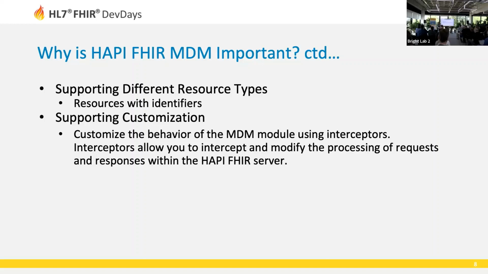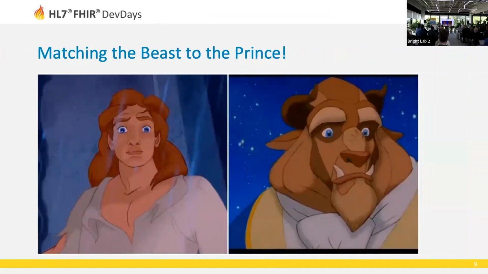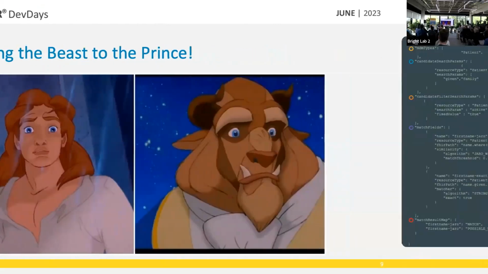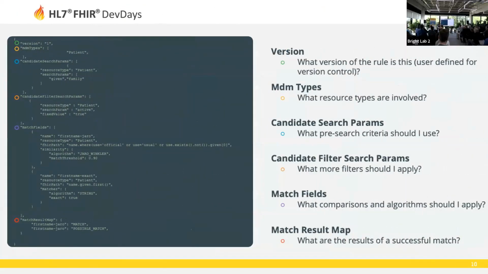So now, how do we improve our MDM rule so it can really identify the duplicates, so we can match the babies to the parents? To give you an overview, when MDM gets triggered, the MDM rule also gets triggered, and it has different parts.